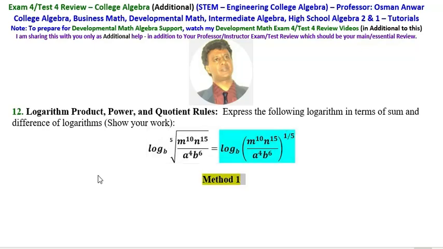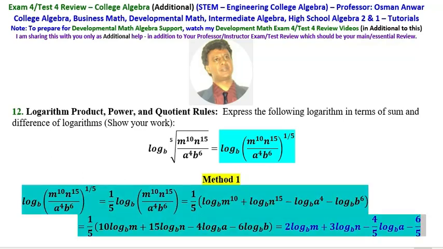Then I will show you two methods and use the one you feel more comfortable with. So the first method is we're going to take this log base b of m to the 10, n to the 15 over a to the 4, b to the 6. Bring the 1 over 5 down, that is 1 over 5 log base b of m to the 10, n to the 15 over a to the 4, b to the 6.